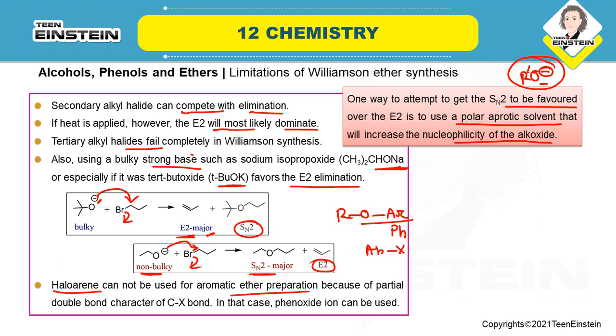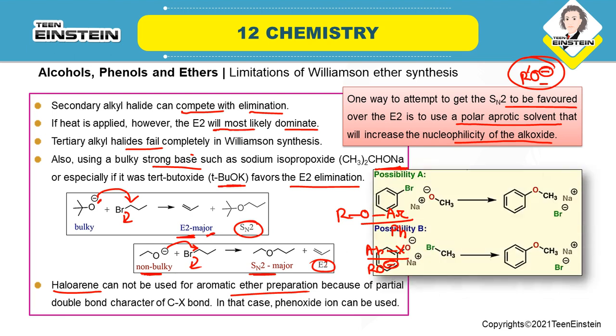So here, if you want to make ROAr, that is aromatic ether, then which combination you have to take is very clear here. You cannot take the combination where one reaction partner is ArX and the other one is RO minus. This combination is not right, okay, because of this double bond character between carbon and halogen.